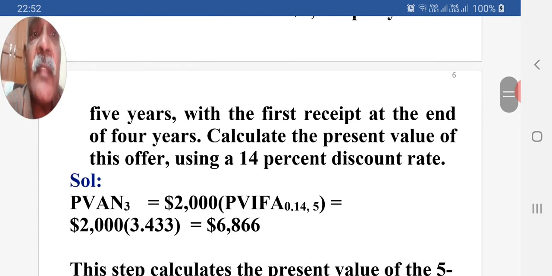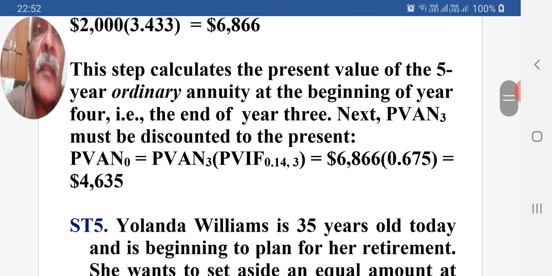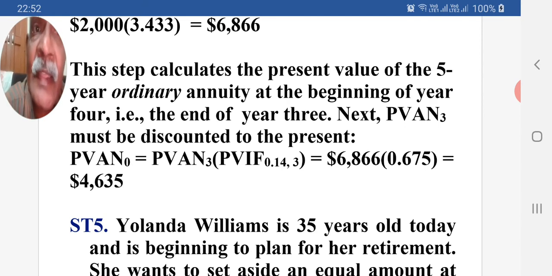At the end of 4 years means the present value of the 5-year ordinary annuity at the beginning of year 4, that is, the end of 3rd year.